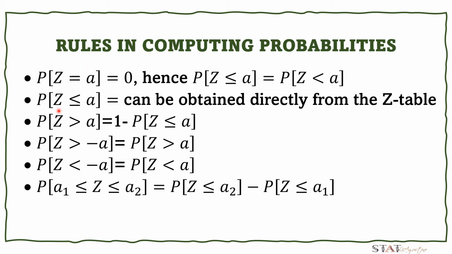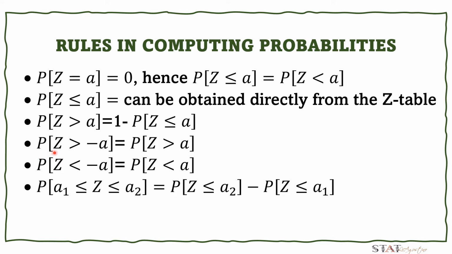The probability of z less than a can be obtained directly from the z table. Another rule: the probability of z greater than a is equal to 1 minus the probability of z less than or equal to a. This a is a z value, so it's just a general rule.